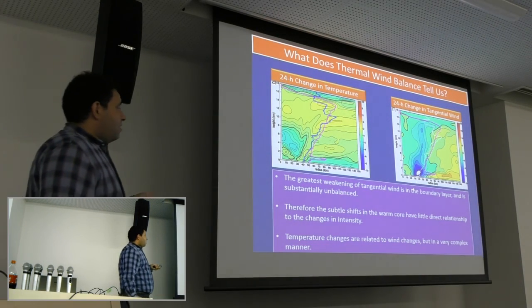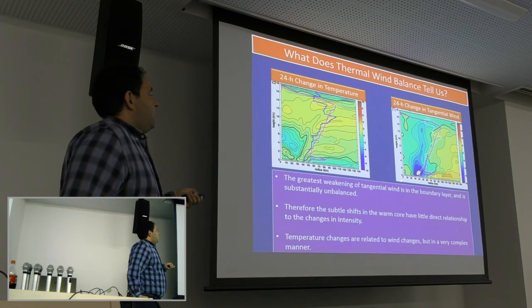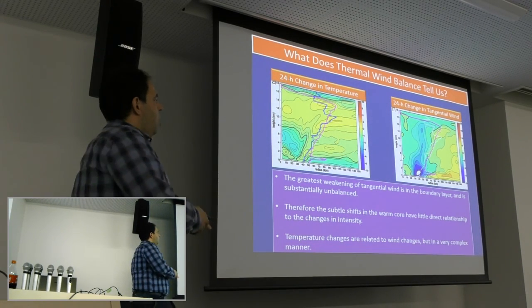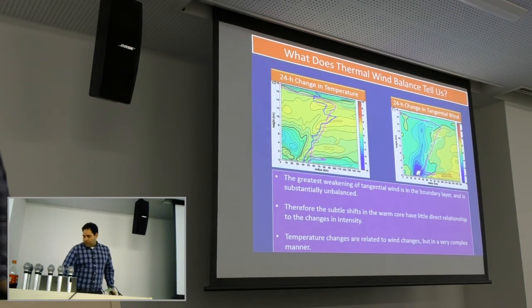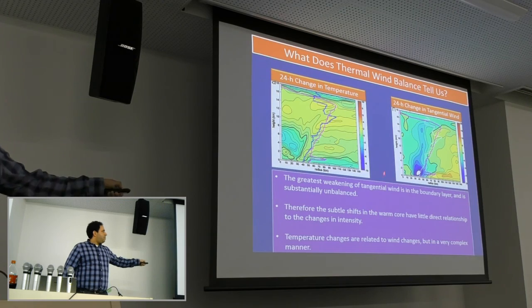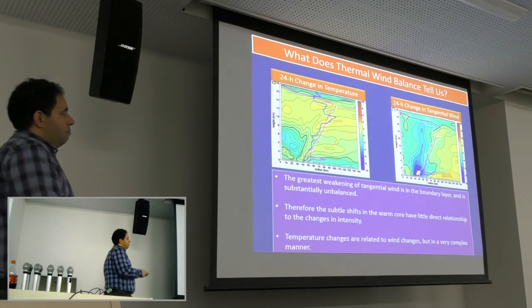And then finally, the greatest weakening of the tangential wind is in the boundary layer. So this is the 24-hour change in the tangential wind, and it's in the boundary layer. It's a much greater spin down, and it's concentrated there. That's the strongest weakening of the storm.